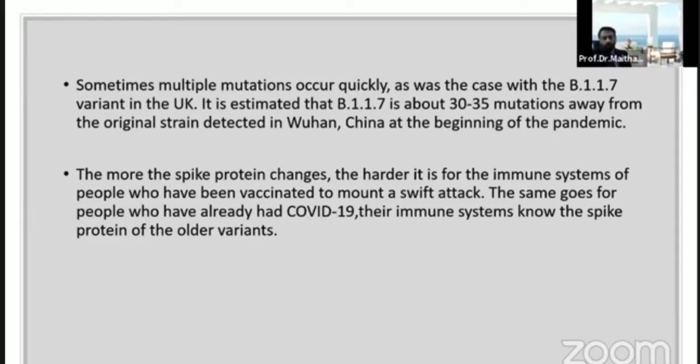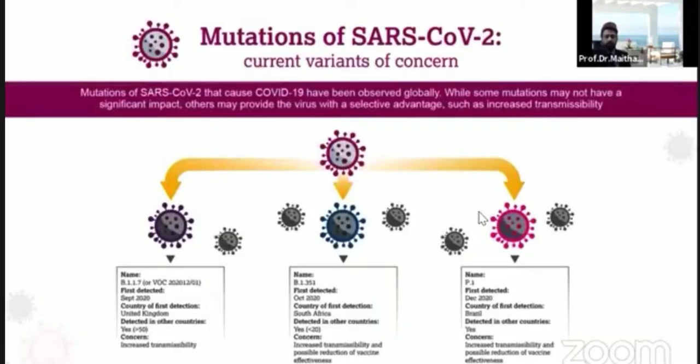The more spike protein changes, the harder it is for the immune system of people who have been vaccinated to mount a swift attack. The same goes for people who have already had COVID-19; their immune system recognized the spike protein of the older variants.